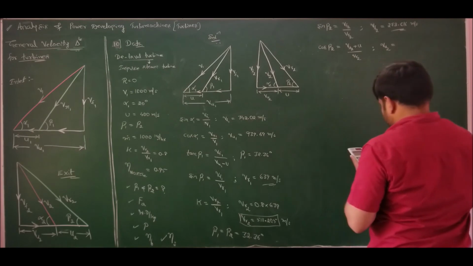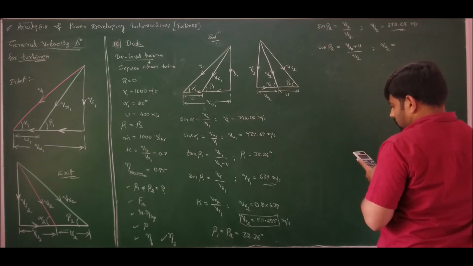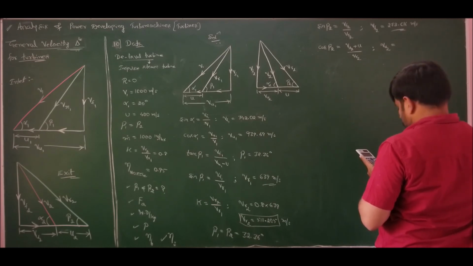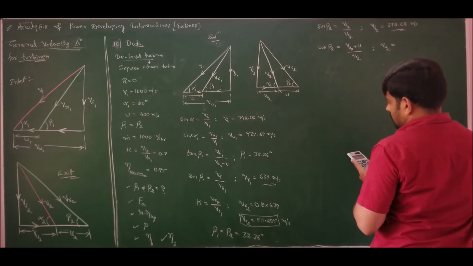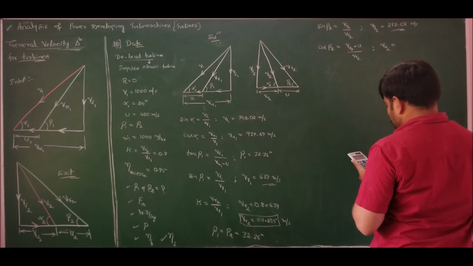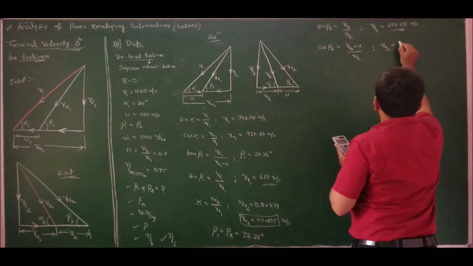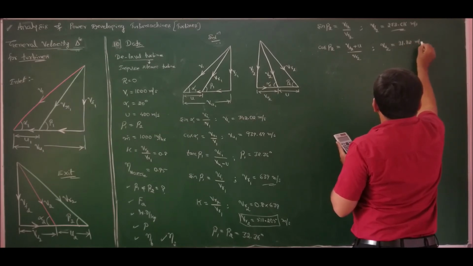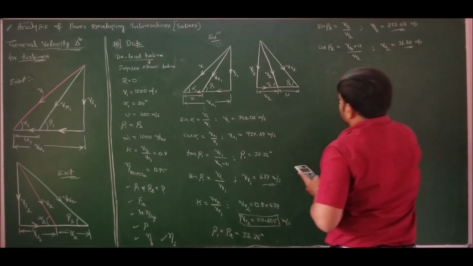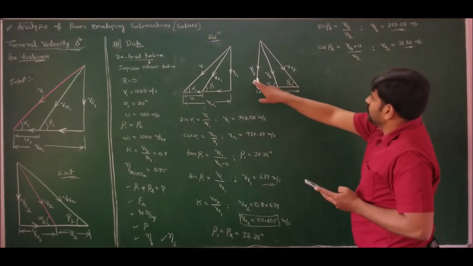VU2 will be cos beta 2, where beta 2 is 32.36 degrees, cos beta 2 into VR2, which is 511.205, minus U. U is given as 400. So therefore VU2 is 31.82 meters per second. We have calculated VU2, VR2, VF2.